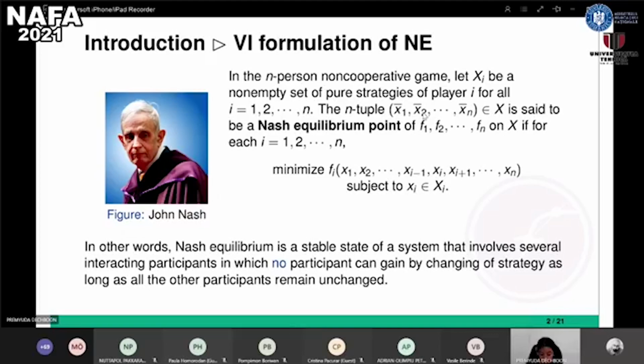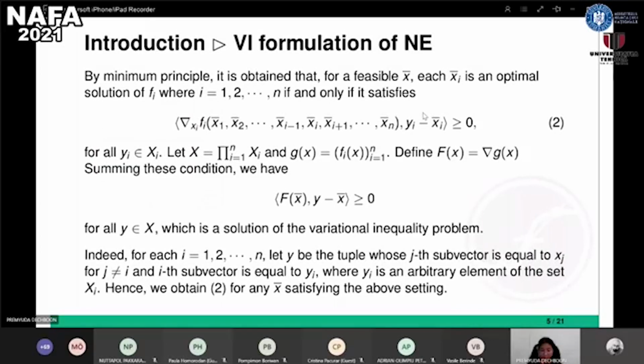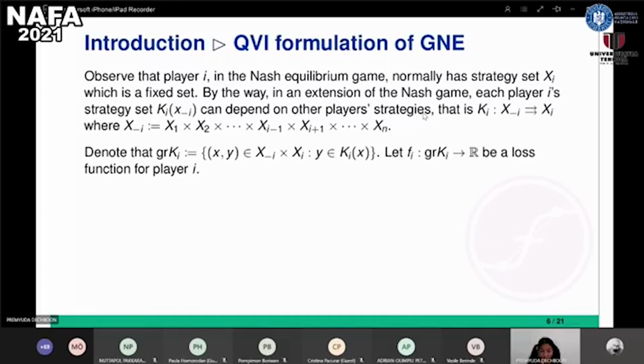So in case that we change the stability set to be varying, meaning that it depends on other players' stability, we consider the set-valued mapping Ki, which maps from other players' stability to his or her own stability set.